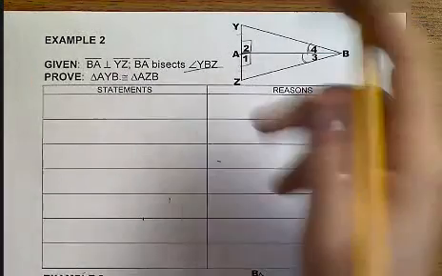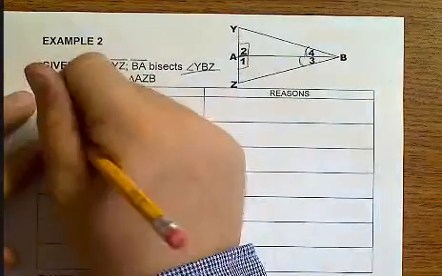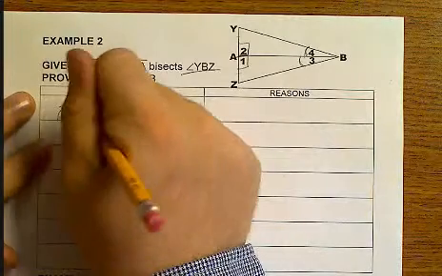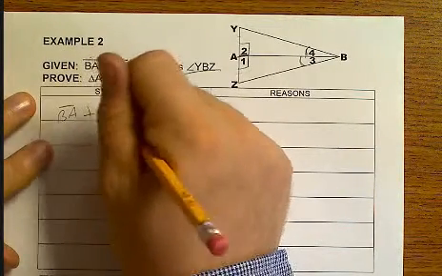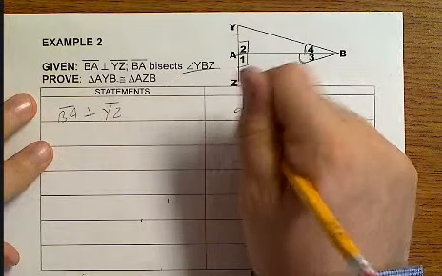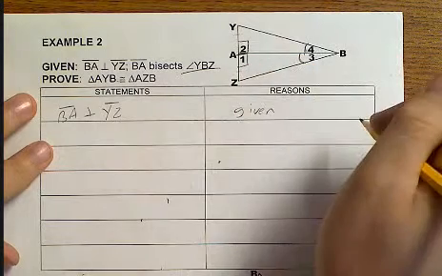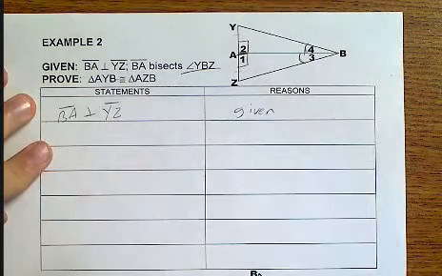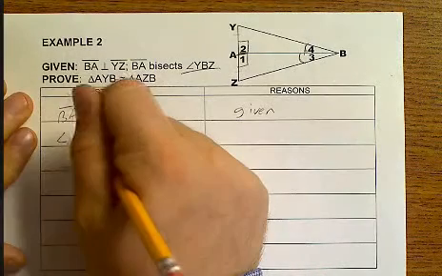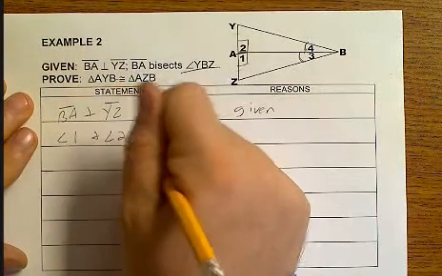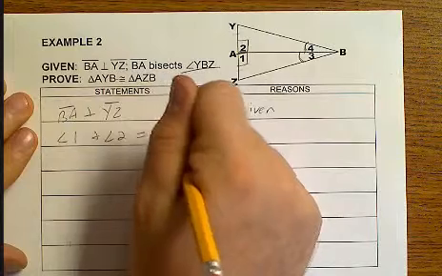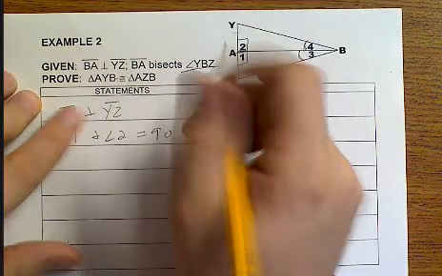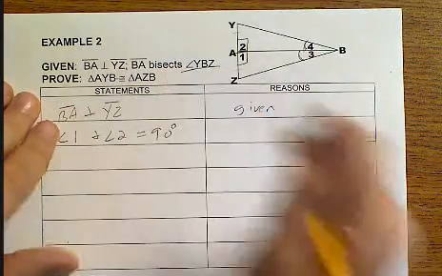Well, we'll start with our first given, that BA is perpendicular to YZ. That was given to us. Because we know the perpendicular, we know that angle 1 and angle 2 are 90 degrees.